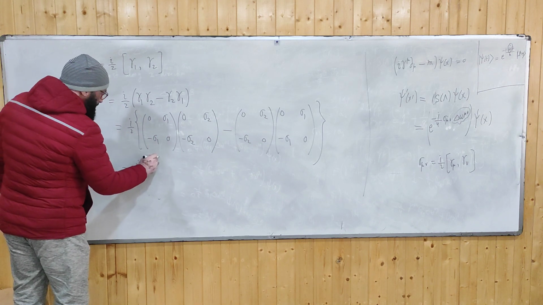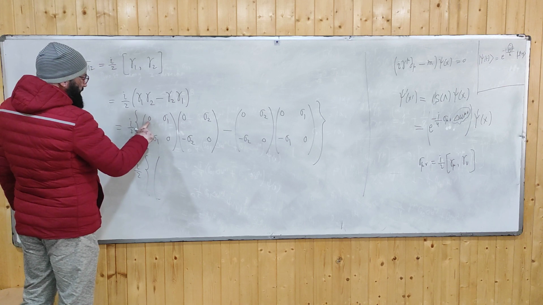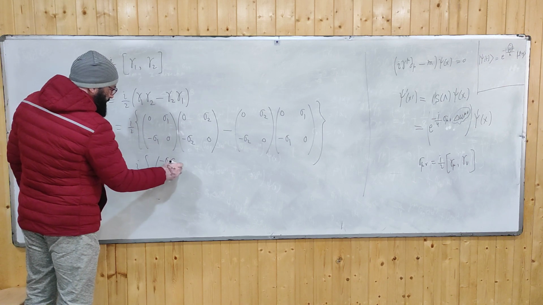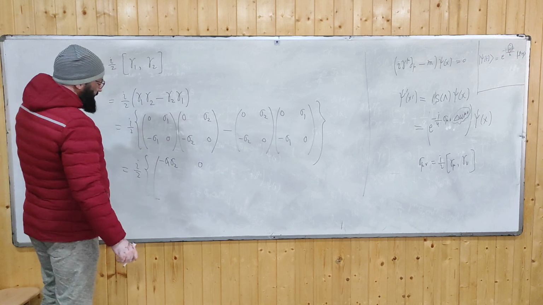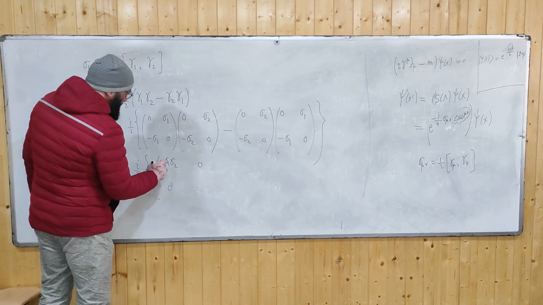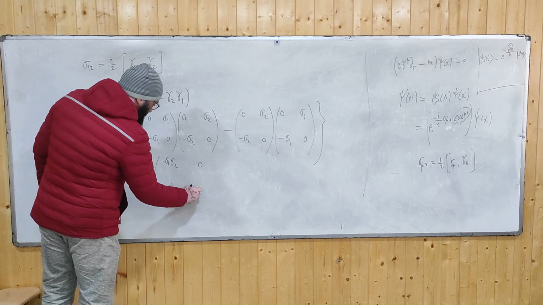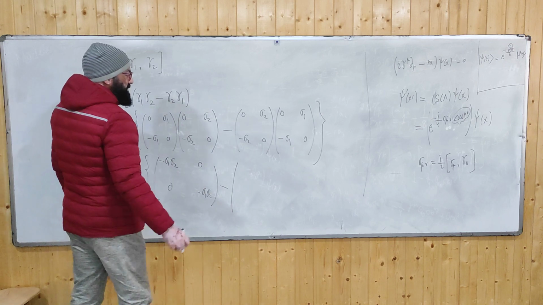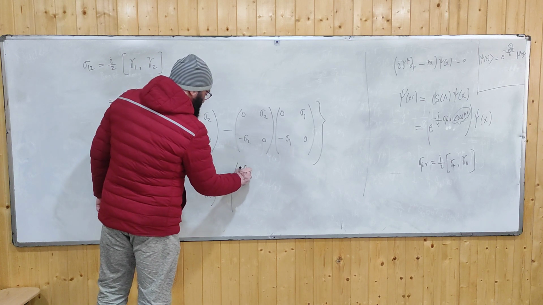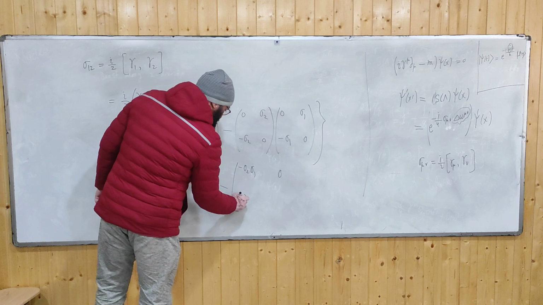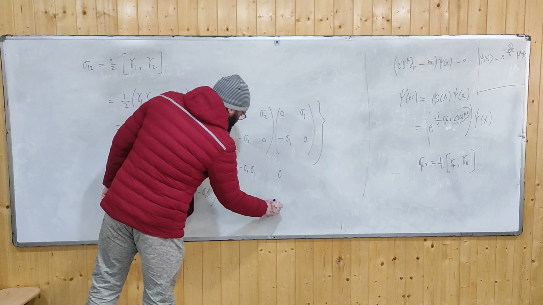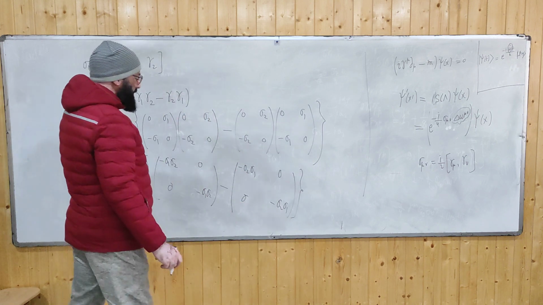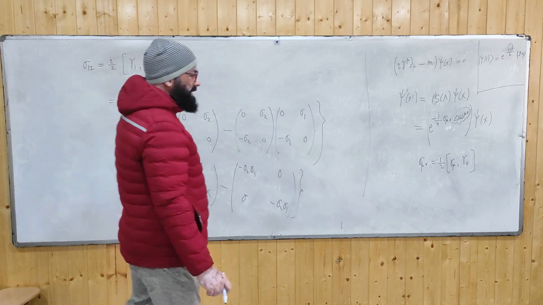You have minus sigma 1 sigma 2, then 0 here, then 0 here, then minus sigma 1 sigma 2. Then minus sigma 2 sigma 1, 0, 0, then minus sigma 2 sigma 1.